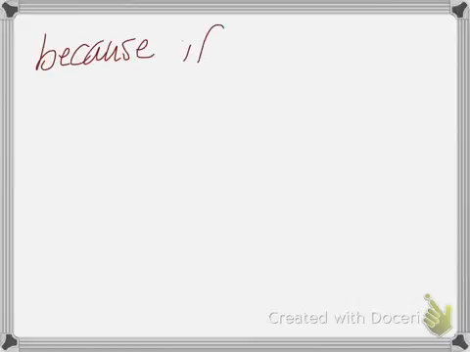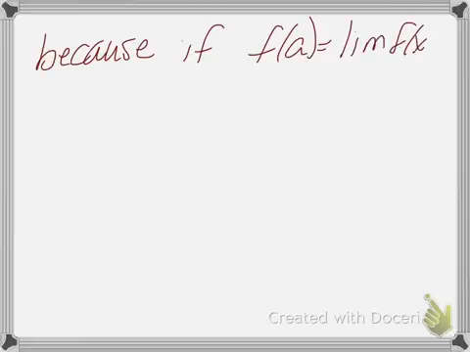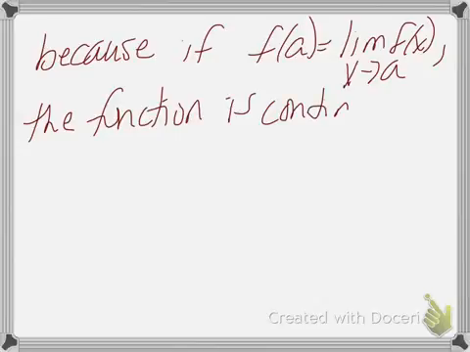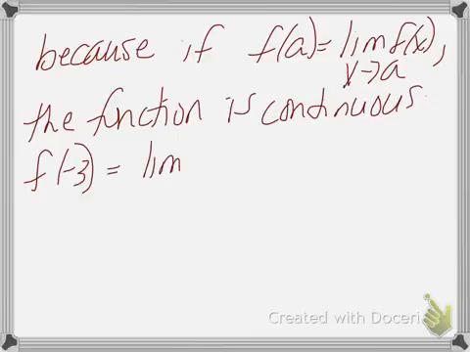Because if f of a is equal to the limit of f of x as x approaches a, the function is continuous. And we just showed that f of -3 is equal to the limit of g of x as x approaches -3. And there you go. That's that answer.